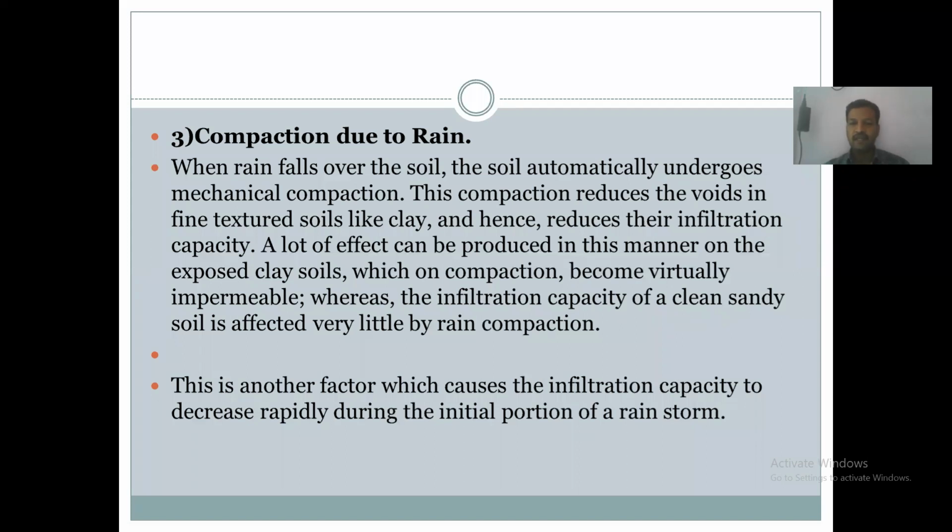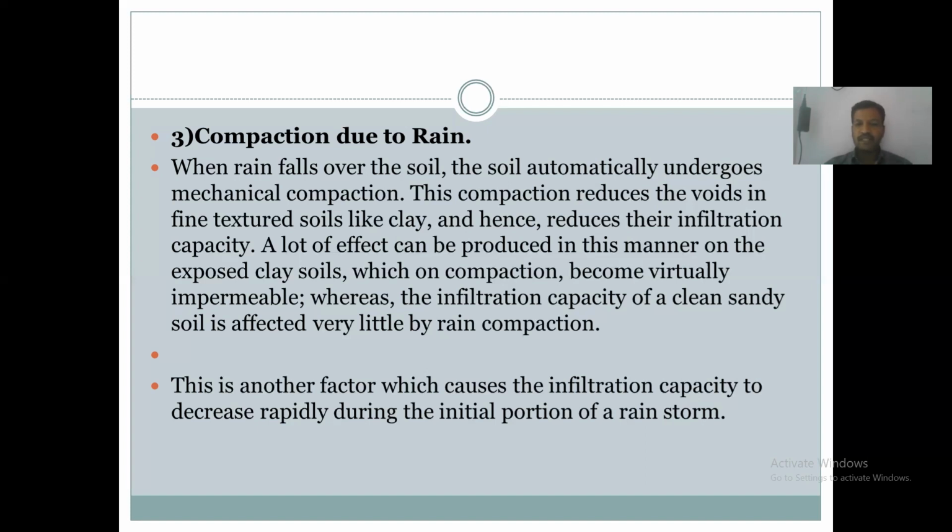In fine texture soil like clay and silt, when water falls on this clay layer, it will get compact, it will get pressed down. There will be compaction. When suddenly water droplets fall on the particles of the soil or clay layer, it will get compact. It will get pressed down.